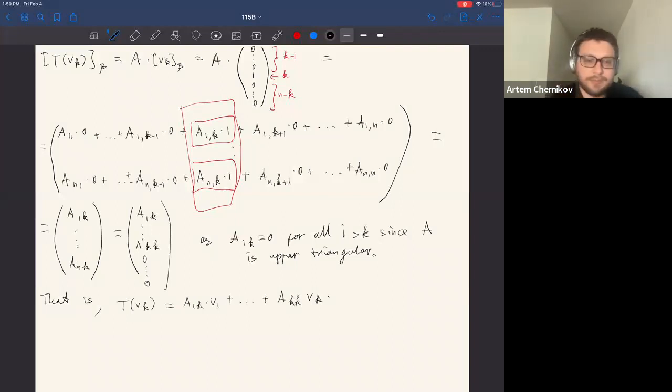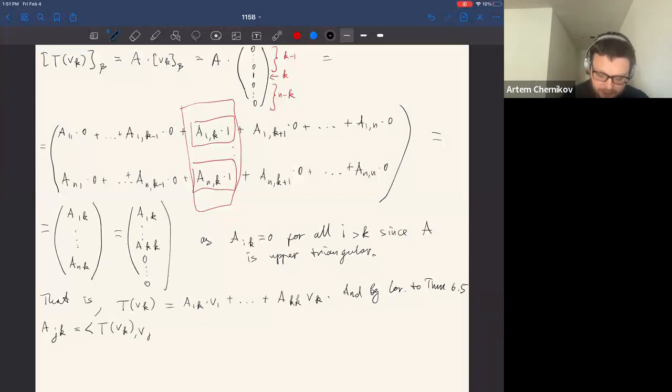Okay, so we got this expression. And finally, by corollary to theorem 6.5, we have that ajk is given by the inner product of T of Vk with Vj, right? This is equal to the inner product of Vk with T star of Vj by the property of the adjoints.